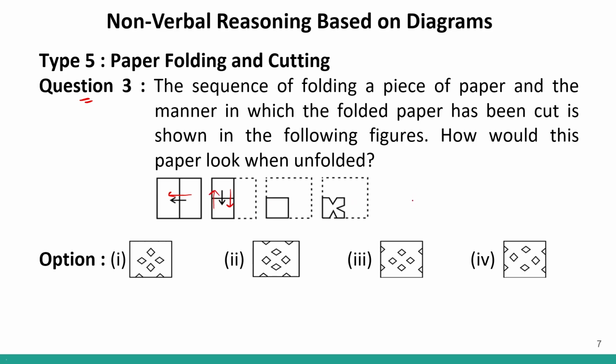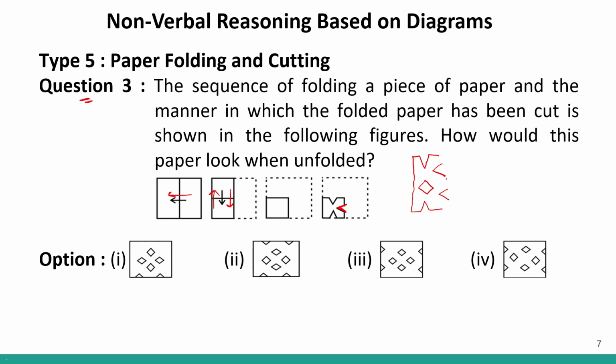So when I open the paper, this incision will look like this. This incision will be a diamond, and this incision will look like this. And this incision, over here we'll get a triangle, and over here also we'll get a triangle.